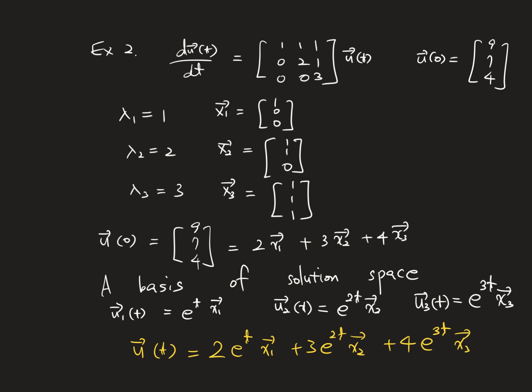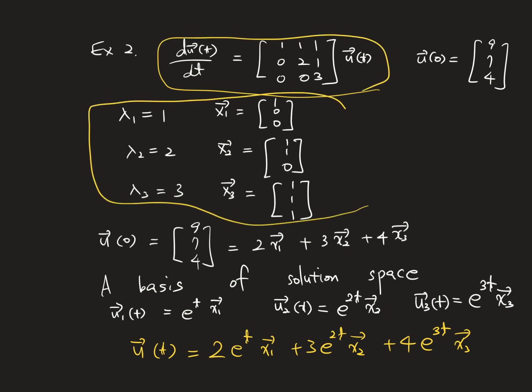In this way we can solve this linear differential equation. First we get the eigenvalues and eigenvectors, and then we represent the initial condition vector as a linear combination of eigenvectors.